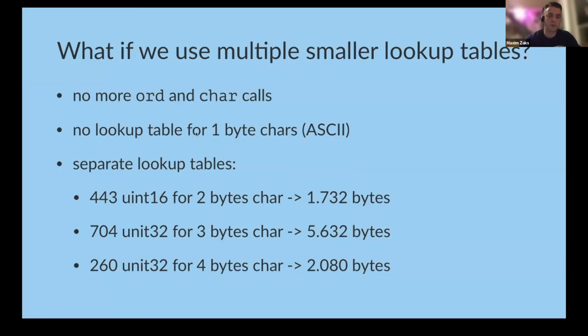In this case, we also don't need a lookup table for ASCII because there the transition is trivial. We then have separate lookup tables which have 443 elements of uint16 for 2 bytes, which results in this size in bytes, then for 3 bytes and for 4 bytes, right? And then I tried to benchmark it again.